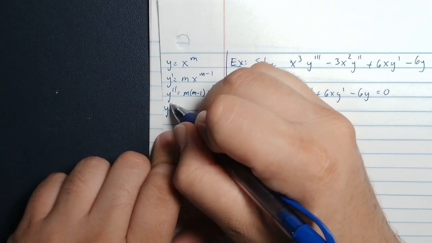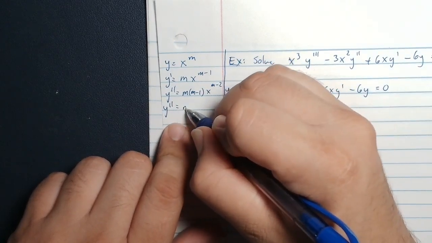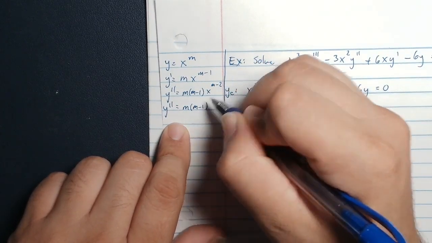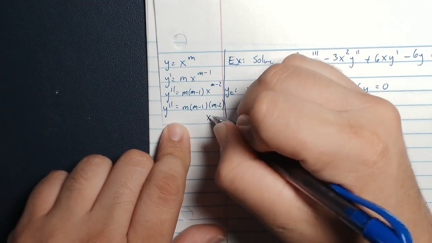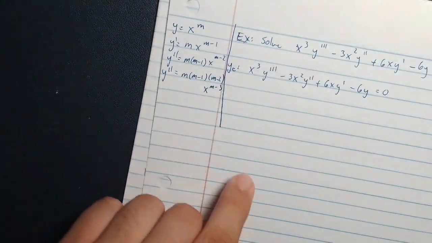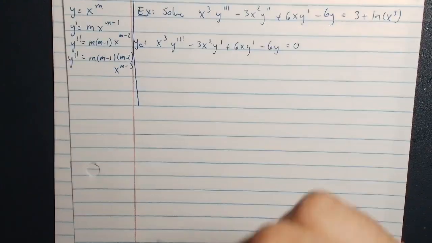And then for my third derivative, I already brought down my m and my m minus 1. So next I'm bringing down my m minus 2, x to the m minus 3. And I'll just plug those all in.